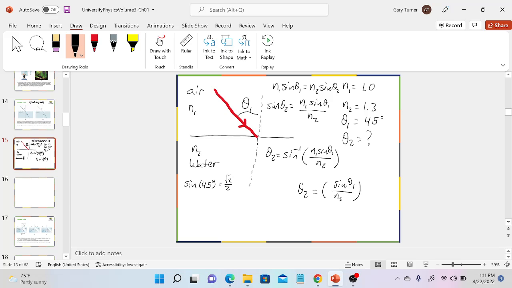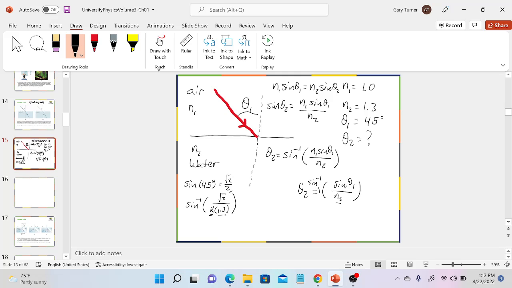So I have the sine inverse of root 2 over 2 times 1.3. So this 2 comes from the 1/2, and the 1.3 comes from N2. And plugging this into a calculator.